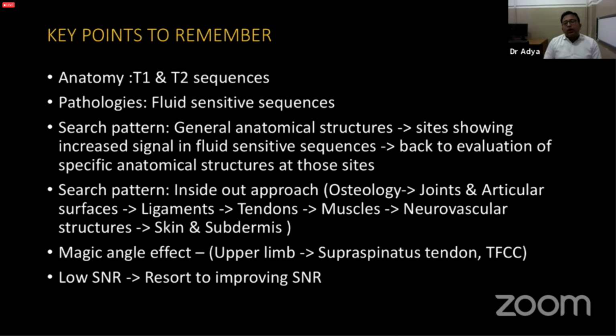In MSK radiology, particularly, we need to be aware of a particular MR artifact, which is known as the magic angle effect, which in case of upper limb is seen particularly in evaluation of supraspinatus tendon and TFCC, in which the tightly bound collagen molecules, which are at a particular 55 degrees angle with the magnetic field, tend to show increased signal in short TE sequences like T1 or PD sequences, which is actually artifactual.